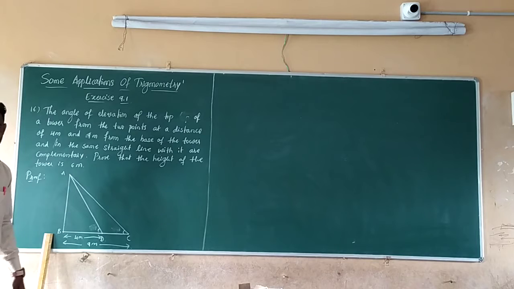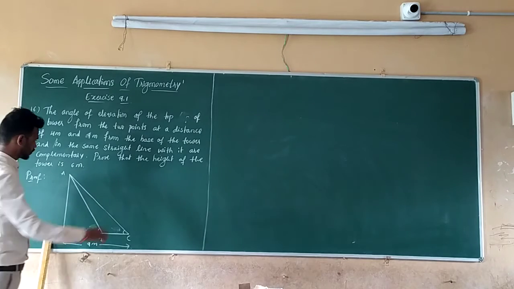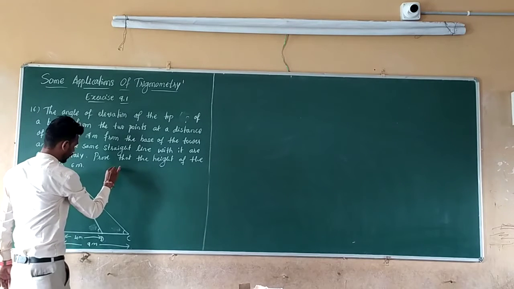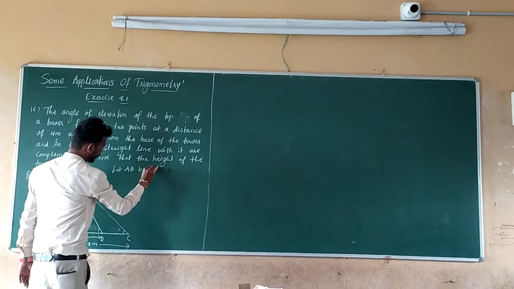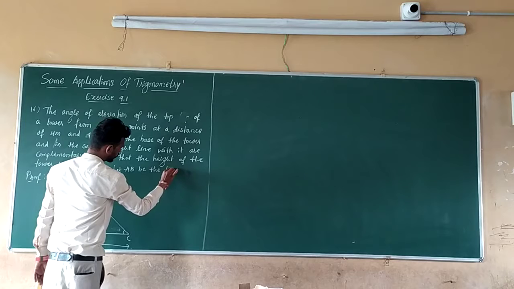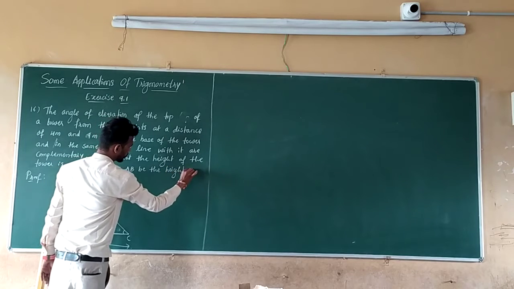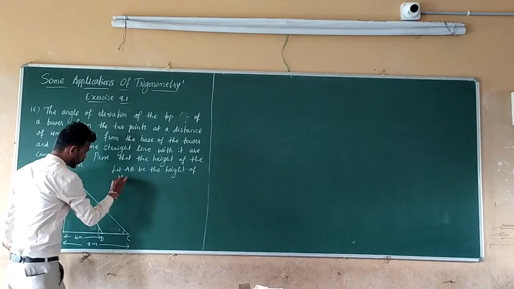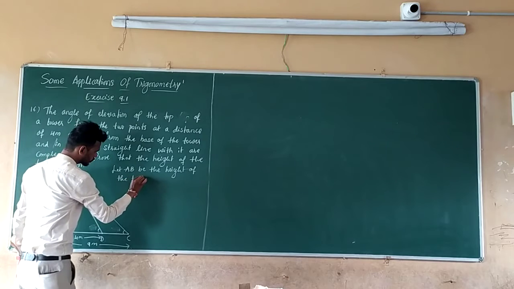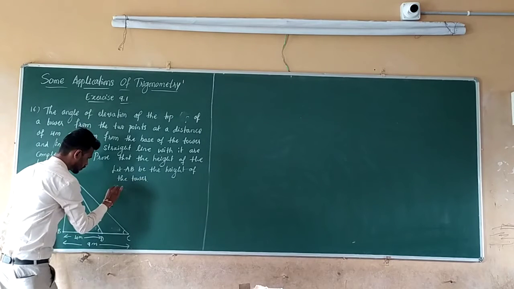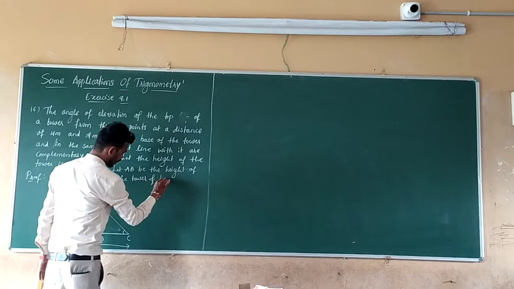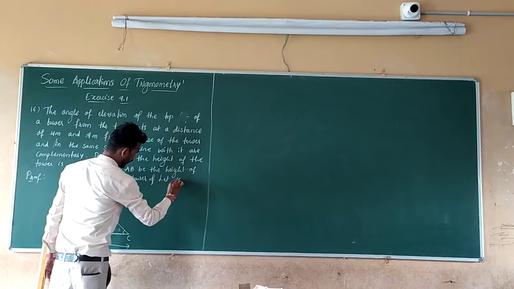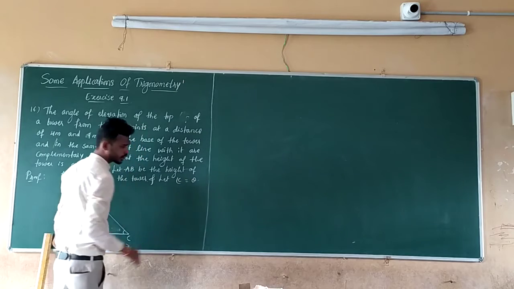We need to prove that. Let AB be the height of the tower, and let angle C equal theta.